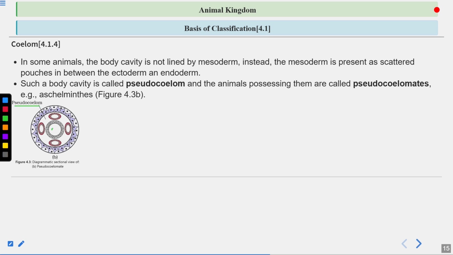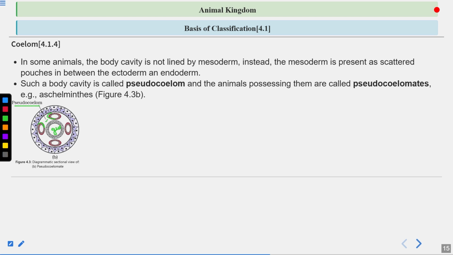So you see the pseudocoelom, the body cavity. This is your gut. Does the outer lining of the gut have the mesoderm layer? No, they are not having it. But here you can see, this is the mesoderm layer. Again, on this side, the mesoderm is not present.